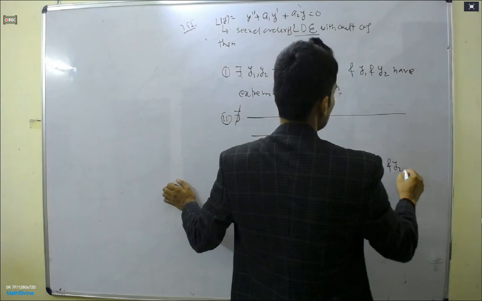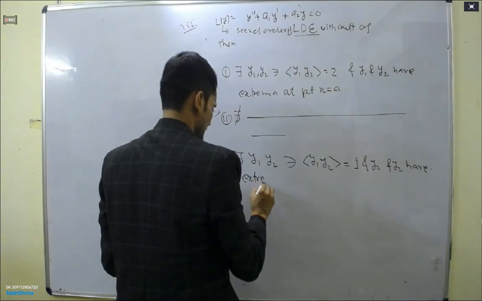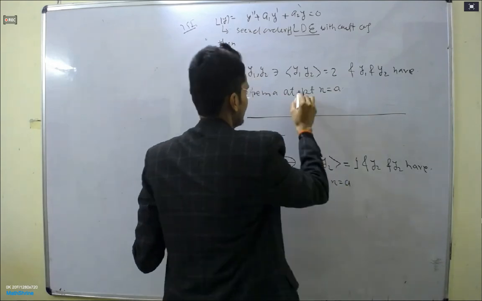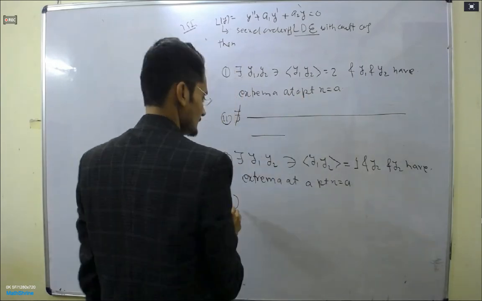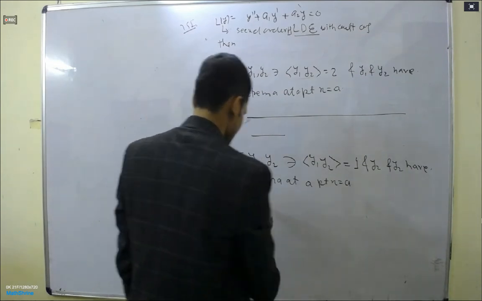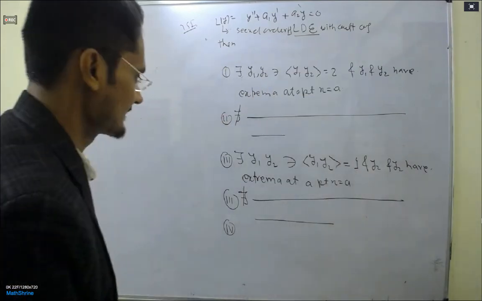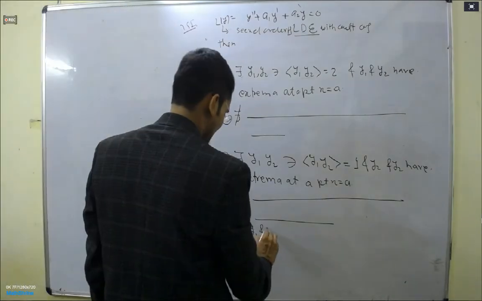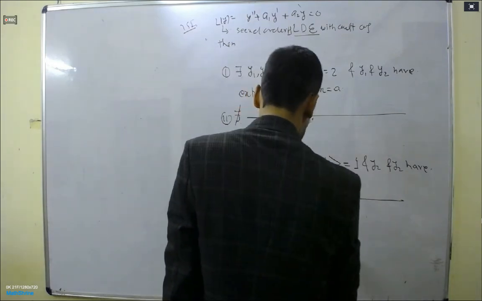Is there exist two solutions, y1 and y2, such that the dimension of y1, y2 is equal to 2, and either y1 or y2 has a zero of multiplicity strictly greater than 1.